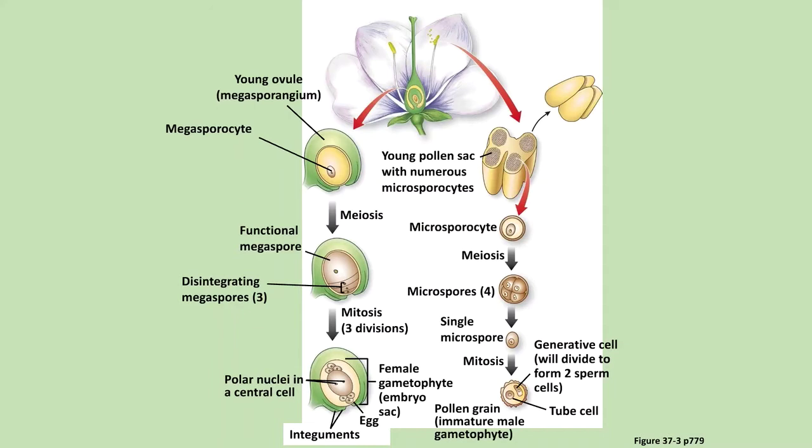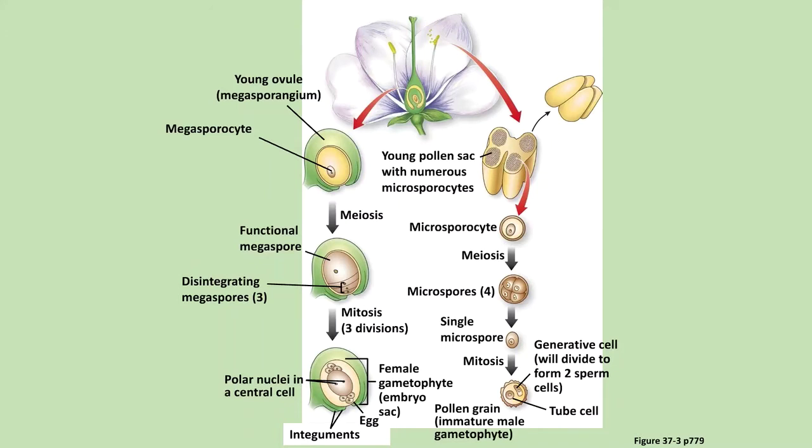The egg is 1N haploid. So those are things you really want to remember, because that's going to have consequences for fertilization. Okay, so after the megaspore divides by mitosis, you can see that that becomes the female gametophyte, the embryo sac that contains the cells that we're interested in there.